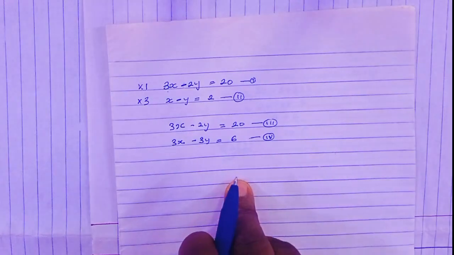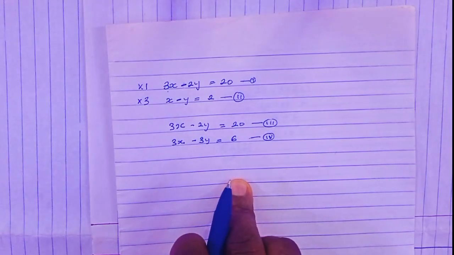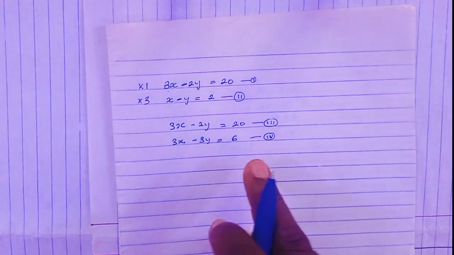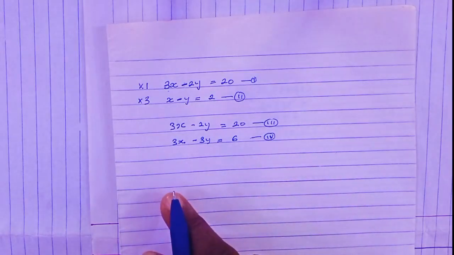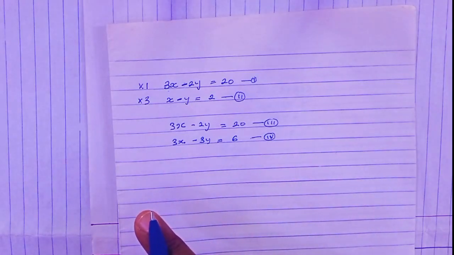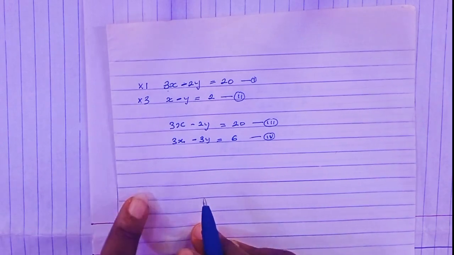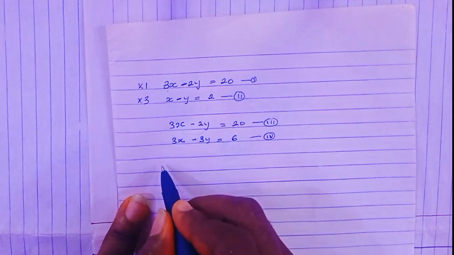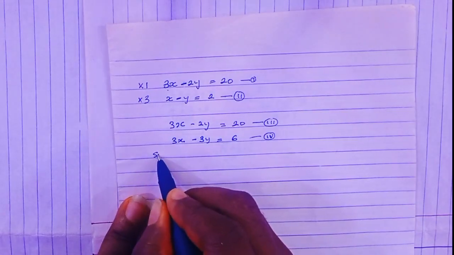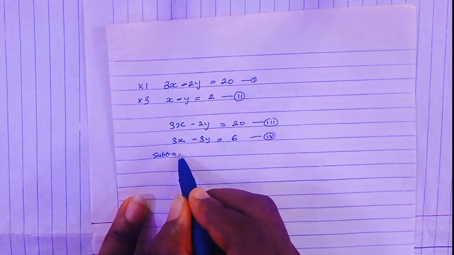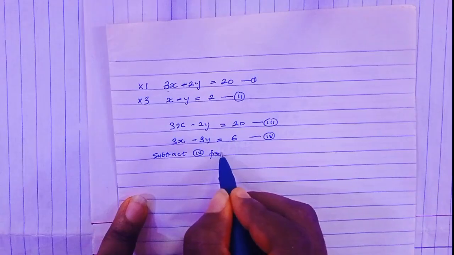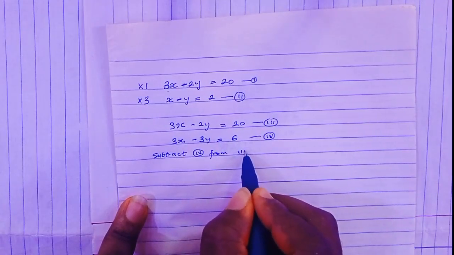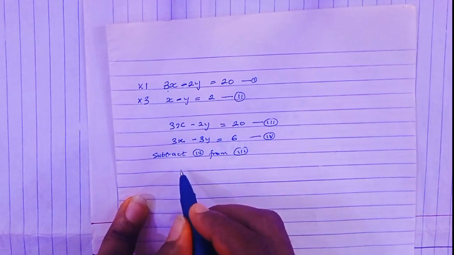So now what are we going to do? You will find out that if you subtract equation 4 from equation 3, we are going to eliminate x, right? So let's subtract equation 4 from 3.